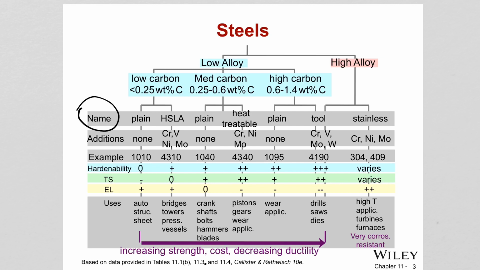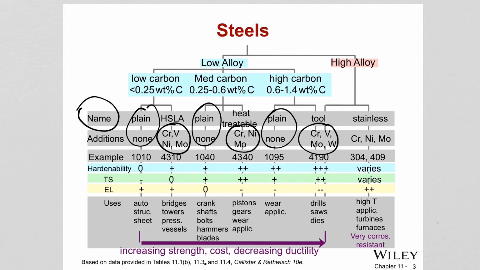As you can see, what changes here is the addition of other alloying elements other than carbon compared to the plain ones. They can both come in plain, where just the carbon is added, and also additional alloying elements can be added to improve the properties. There are tool steels, which also have high carbon content.